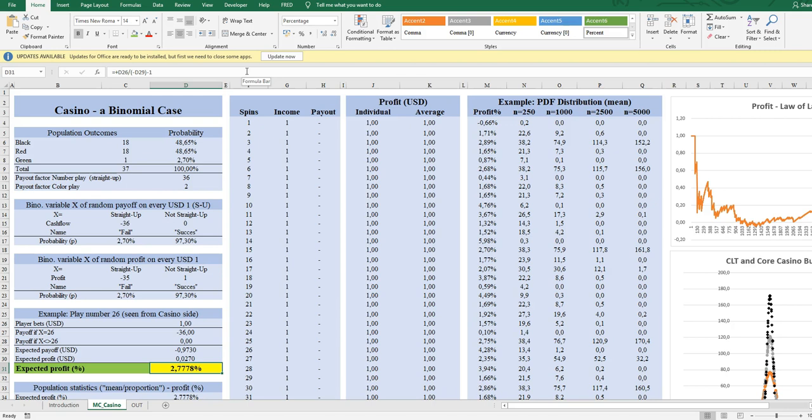So it's like a return seen from the casino. They get in $1 and they pay out 0.9730. So take those numbers, the relative value, and you get this. This is the absolute crucial number for the casino. So the expected profit on every spin, not just this game, but every spin, is 2.778%. Let's see what happens if I spin 5,000 times.